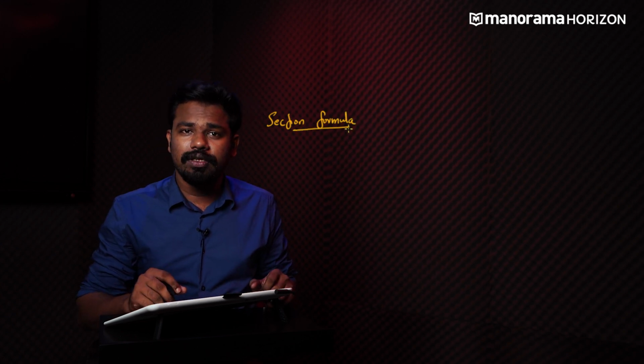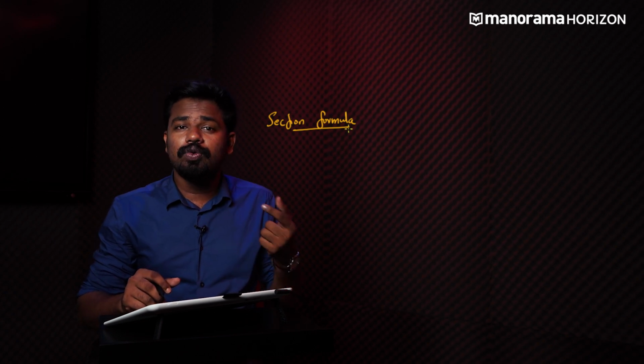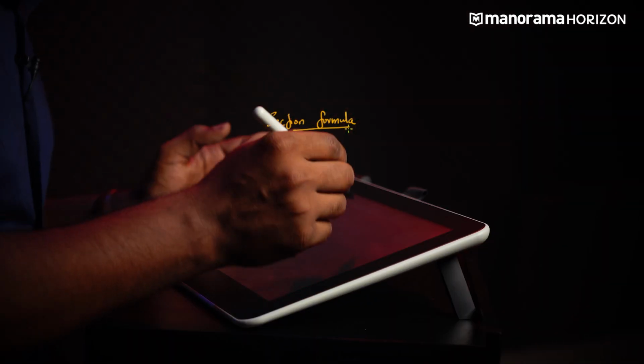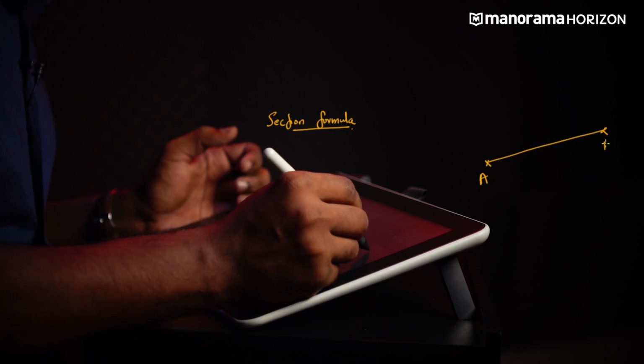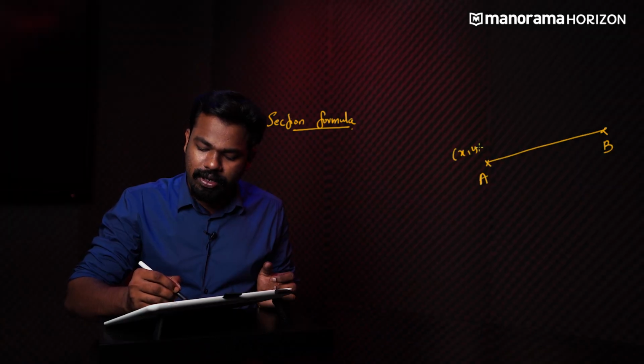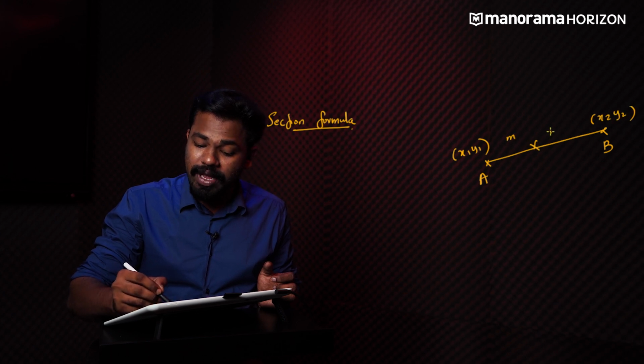Moving on to the next one, that is the section formula. Suppose you have 2 points and there is another point which divides the line joining these 2 points, and you need to find out the ratio. So to find out the ratio, we need to use what? The section formula. And in 2D, what we have studied, suppose you have 2 points A and B, that is (x1, y1) and (x2, y2), and they are divided by the ratio m:n.